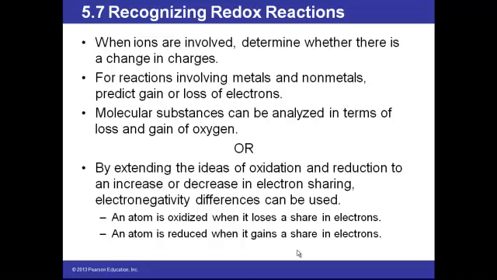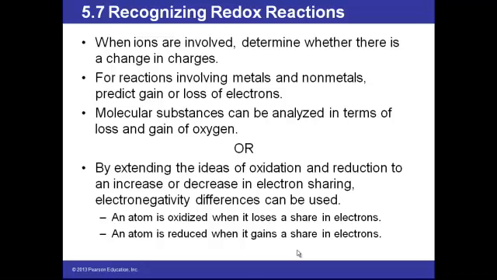If you've got a reaction that involves metals and nonmetals, you might predict that you gain or lose electrons. And so molecular substances can be analyzed in terms of loss or gain of oxygen, or by extending the ideas of oxidation and reduction to increase or decrease in electron sharing. And so this is going to involve the electronegativity differences to try to evaluate this.